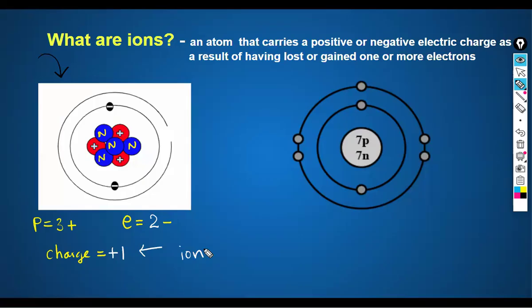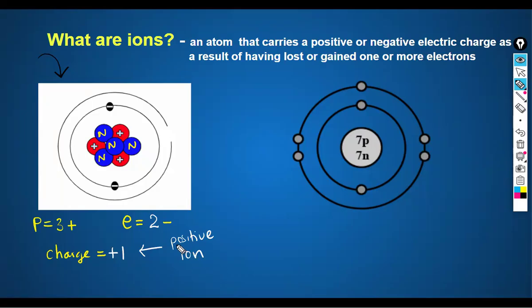An ion is when the charge is not 0. In this particular case, it has a positive charge, so you call it a positive ion. A very, very fitting name because the positive is winning over the negative. But you know they like to come up with fancy names for everything.